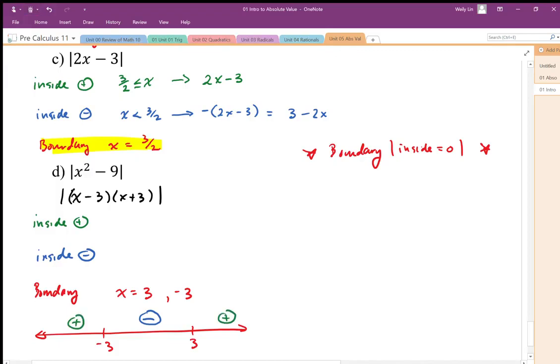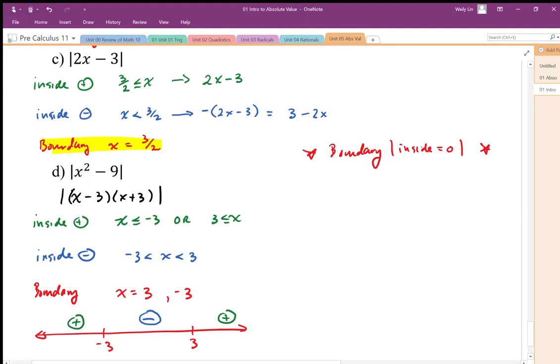So our inside being positive domain is going to be when x is less than or equal to negative 3, or when x is greater than or equal to positive 3. And then our inside being negative domain is going to be between negative 3 and positive 3. And it's going to behave differently depending on that.